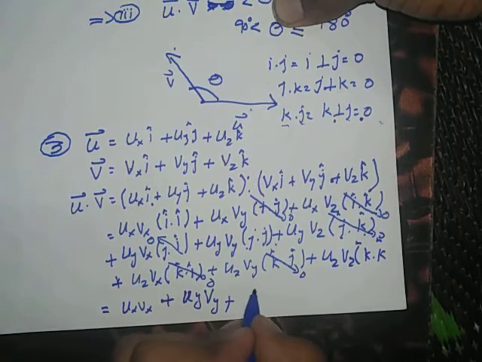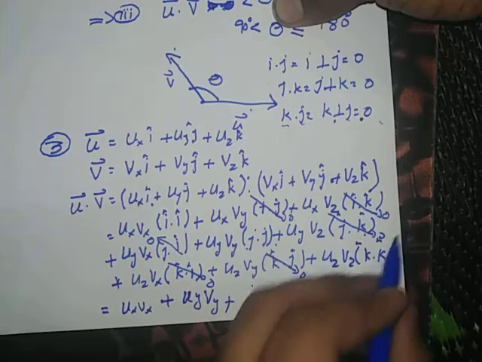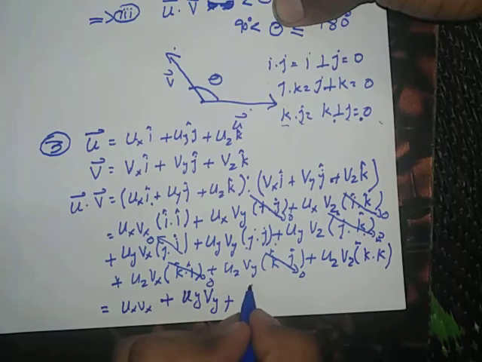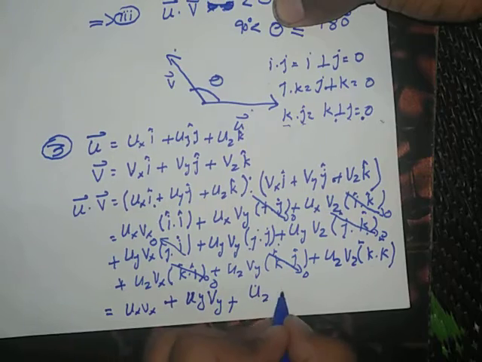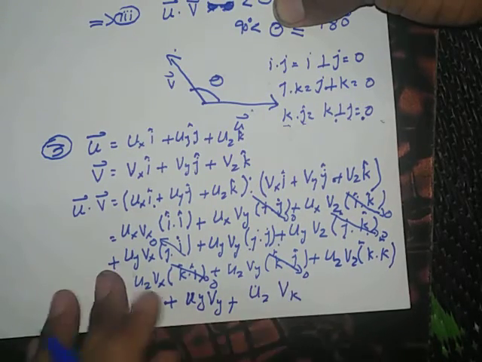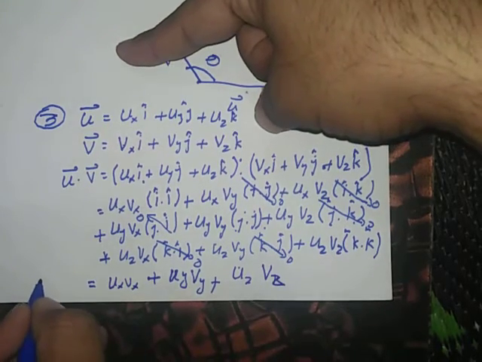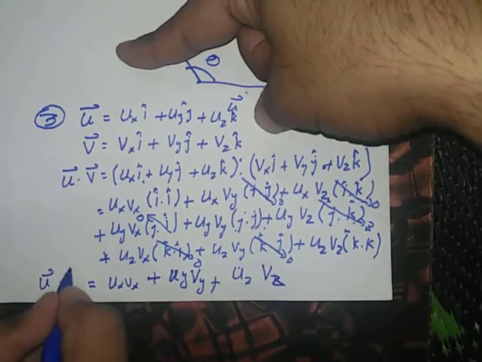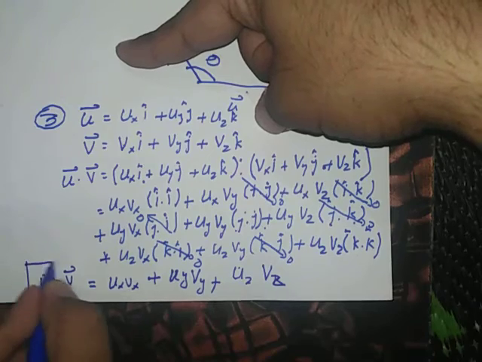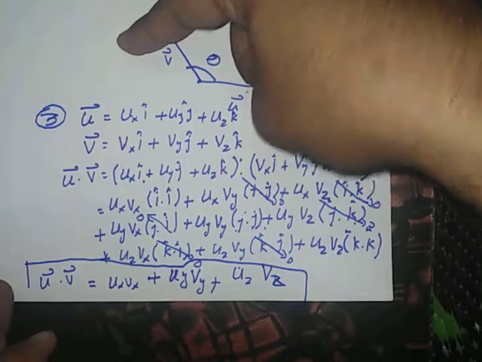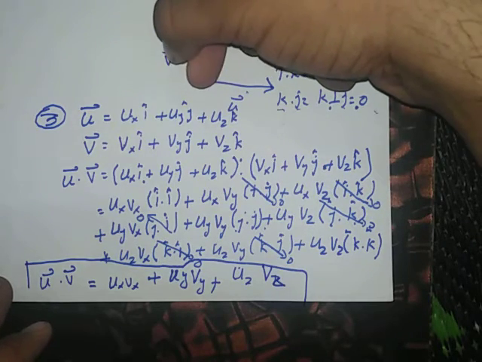K dot k is equal to 1 because both vectors are parallel, and in the case of parallel the theta is 0, so we have uz vz. So this is the dot product of two vectors.